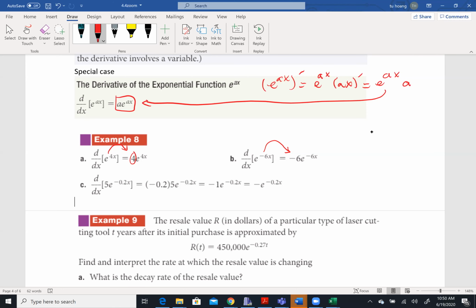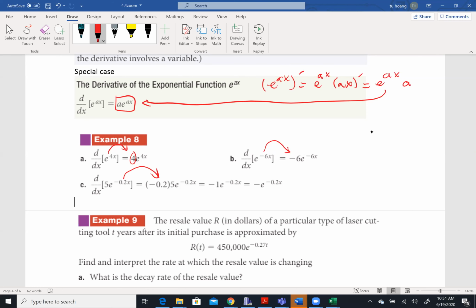And now I have a constant multiplied with e to the -0.2x. Then I have to put the negative 0.2 in front of the function.